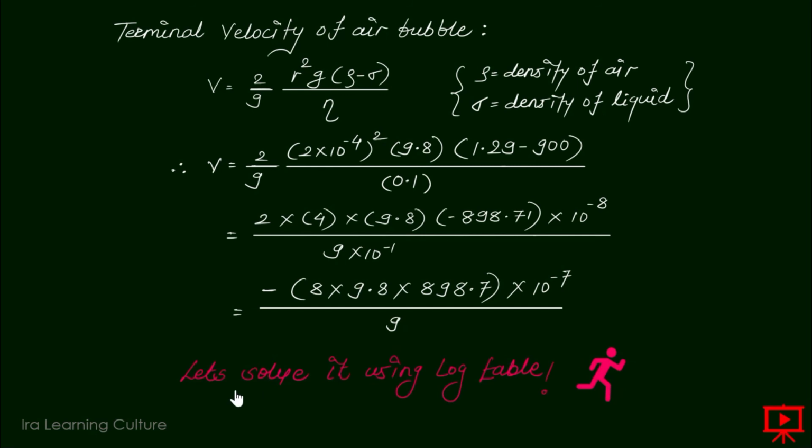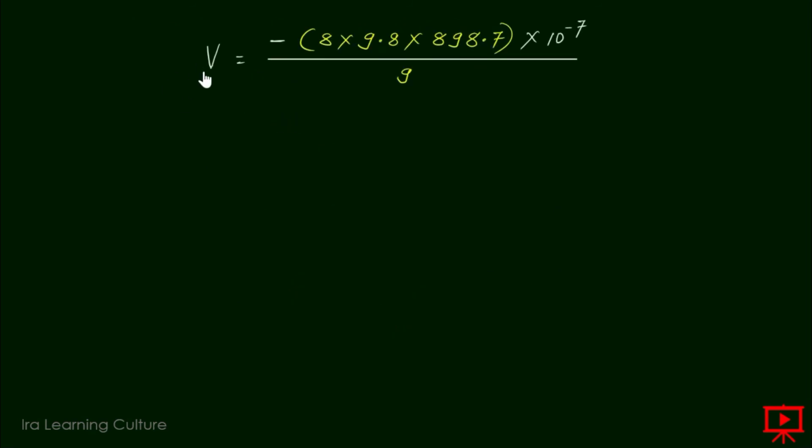So finally we have to apply a log table here in order to get the answer. So let's apply the log table. Initially we have this equation, V is equal to minus 8 into 9.8 into 898.7 upon 9 into 10 raised to minus 7. Now we are going to apply a log table for this particular yellow colored term.